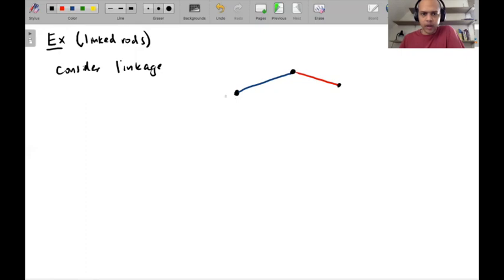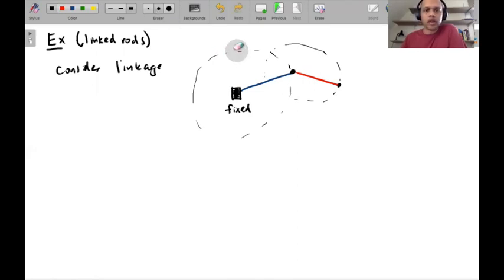And I'm going to keep this endpoint fixed. So this is fixed. And then I let the rods move. The rods can swing, rotate around. This rod rotates around this circle, and then this rod can swing around the circle around this point here.